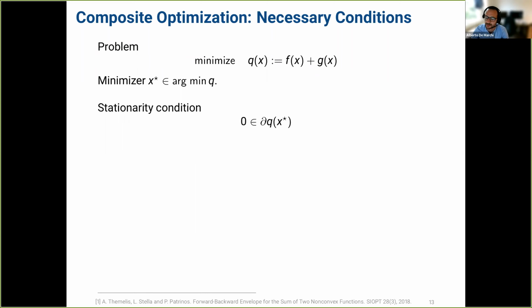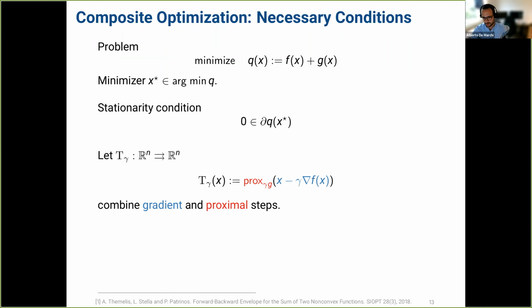A different way to characterize these minimizers, these candidates, is through this proximal gradient operator. We define T gamma as the composition of these two steps. We take a gradient step, in blue, in the direction of the negative gradient with step size gamma, as we would do in the gradient method.